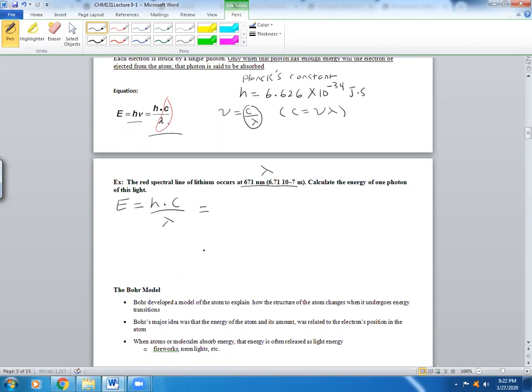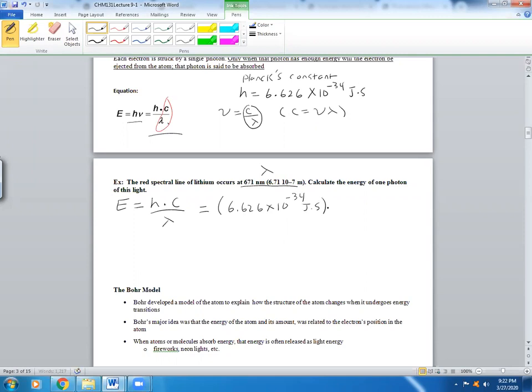So let's plug in. h is right here, 6.626 times 10 to the negative 34th. Sometimes it's written as 6.63, by the way, for rounding.